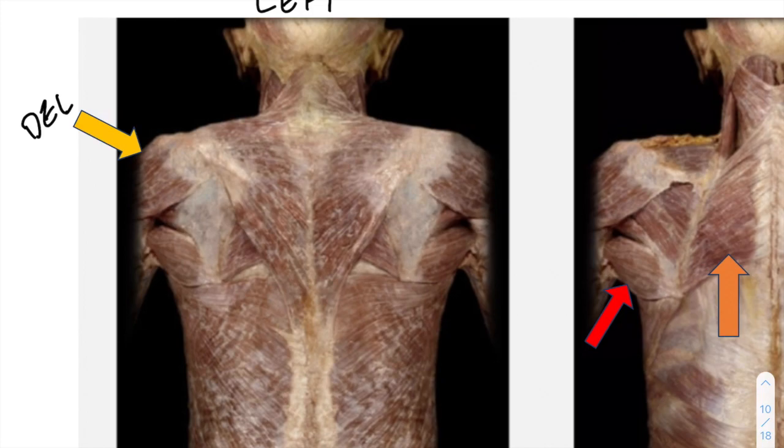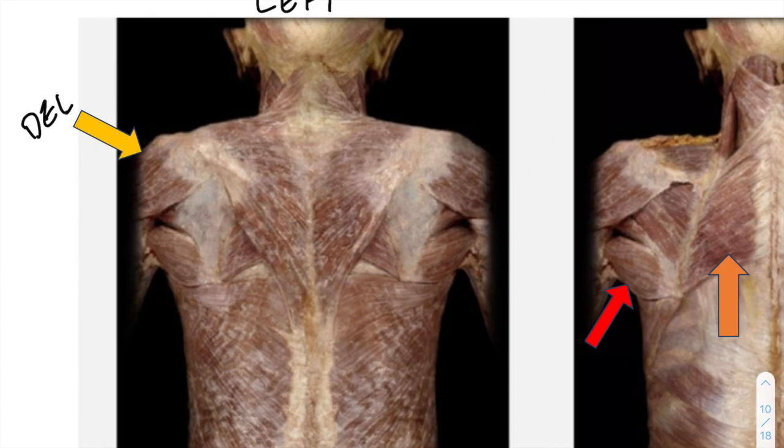It's going to be your most superficial shoulder muscle. It is important that you pay attention if this muscle has been reflected or not. By reflected, I mean like these attachments right here for the deltoid, if they've been ripped and the rest of this muscle is folded over. You want to pay attention to that depth to really see if the anatomy instructors are trying to trick you, or they're trying to make you think of all the other muscles that could have been reflected or removed in order to show you what you are now looking at.